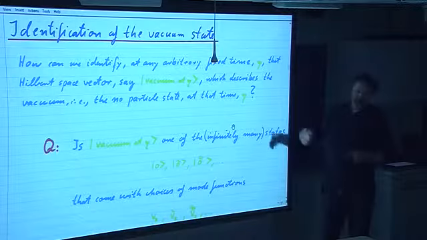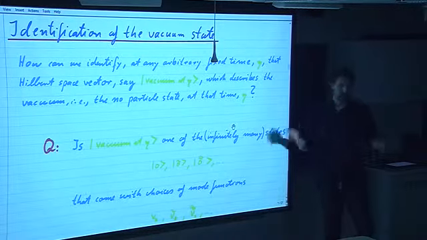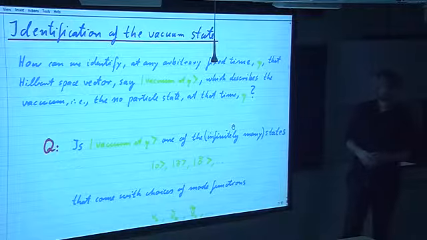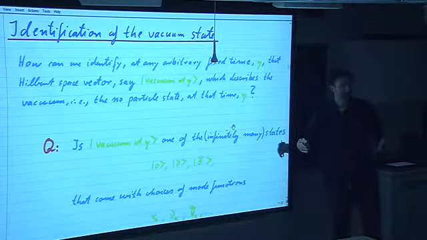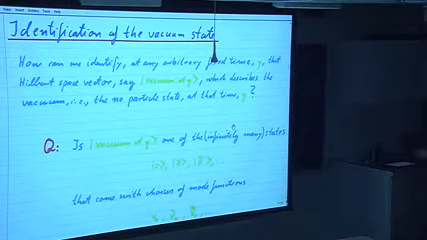So far, we just said, let's assume that at time eta 1, the vacuum state is such and such state annihilated by A operators that come with certain mode functions. But by what argument can we convince ourselves that this might be so? How can we identify which state in the Hilbert space is the no-particle state at a particular time?